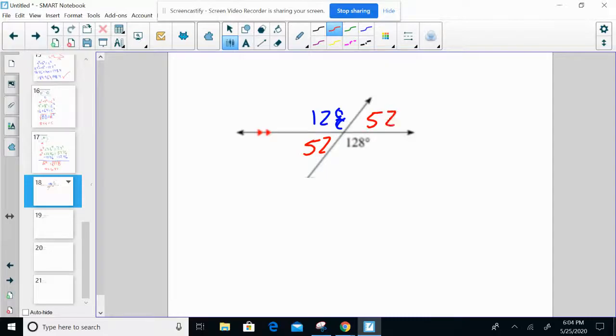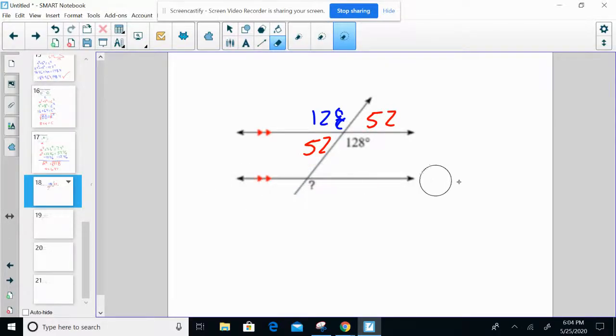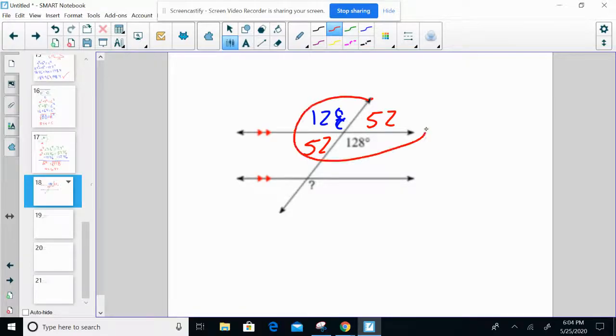And this actually carries to, check this out, the line down here. We haven't even answered the question yet. But what's cool is these all slide down the transversal. So all of the small angles here are 52, 52, 52, 52, and all of the big angles are 128.